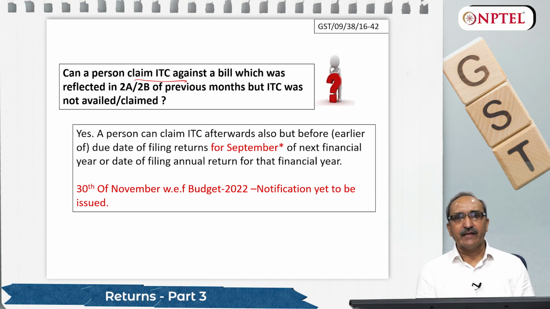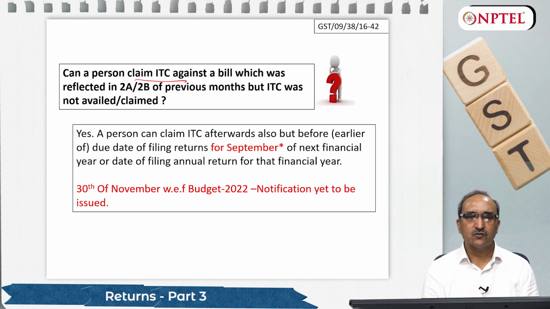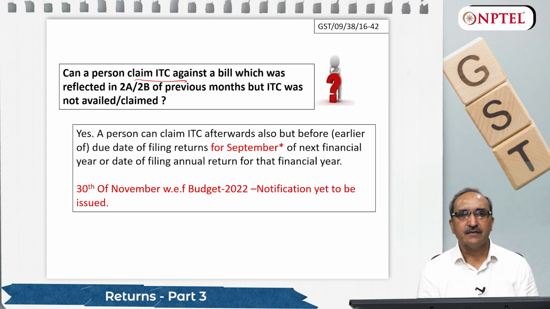And when I am filing my GSTR 3B return for the month of February, I forget to take this bill into account. So I ignored this particular bill by chance and have not claimed its ITC.